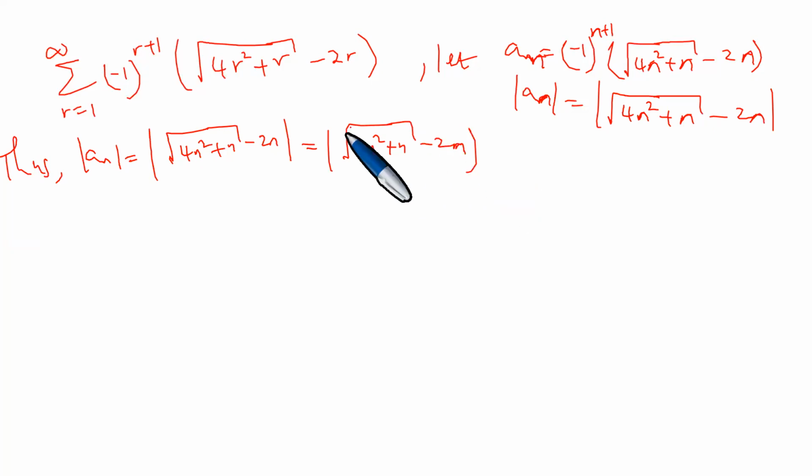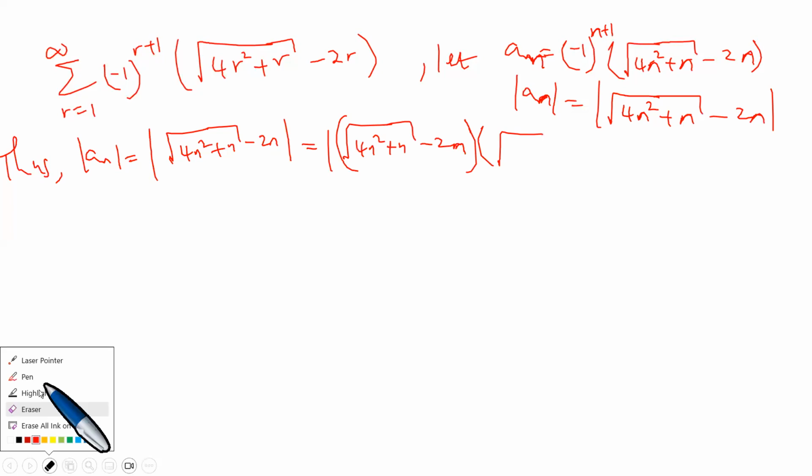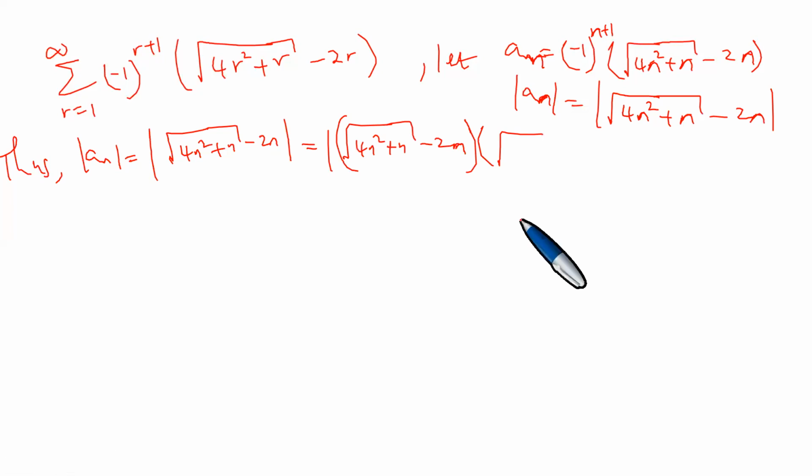Hence we need to rationalize this because there are square roots, like the other one. The vanishing condition says that if the limit is not zero, then we have divergence. We must just show that the limit of this does not approach zero.